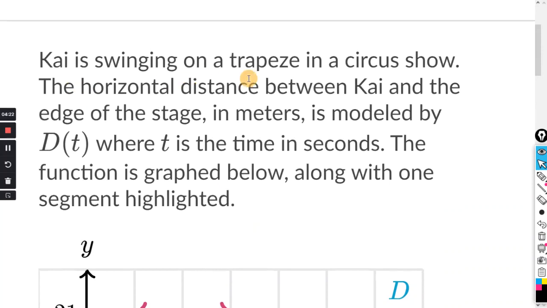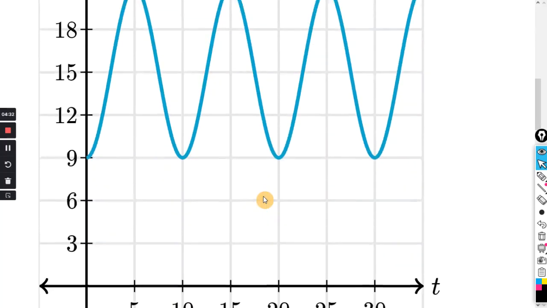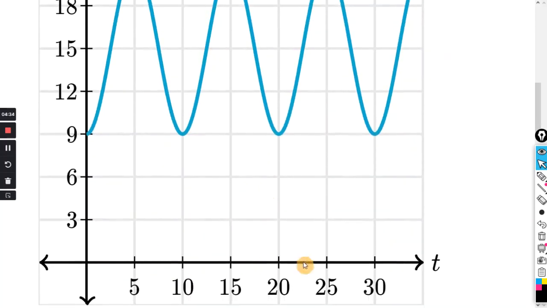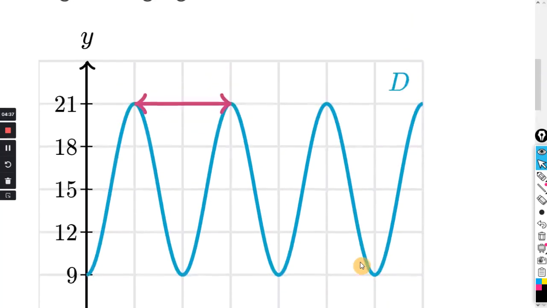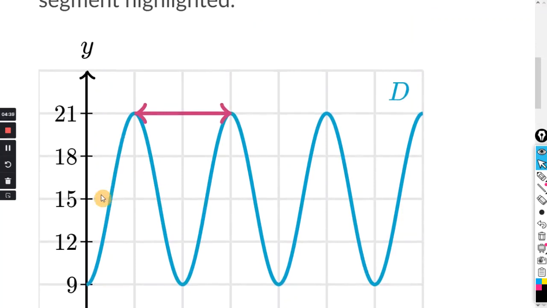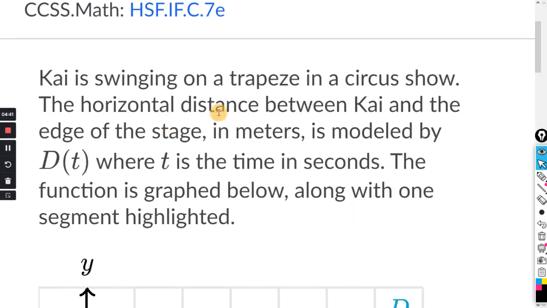Kai is swinging on a trapeze in a circus show. The distance between Kai and the edge of the stage in meters is modeled by d of t, where t is the time in seconds. So you can see the x-axis is time, and the y-axis is the distance between Kai and the edge of the stage.